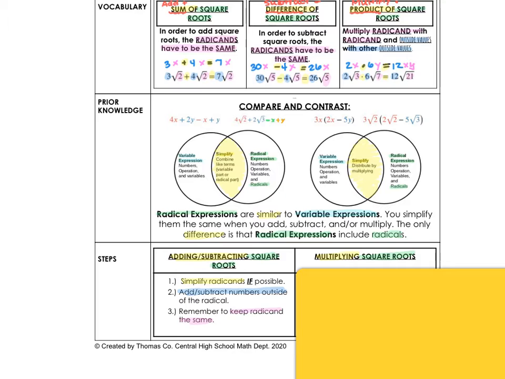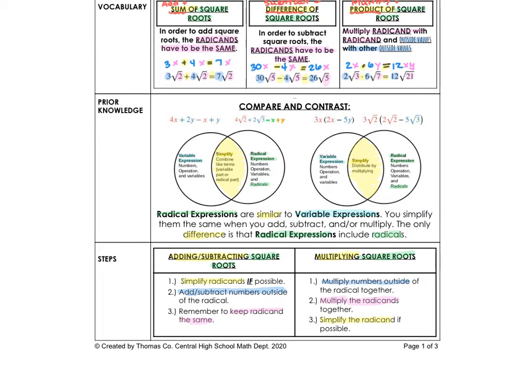The second step is that you're able to add or subtract numbers on the outside of the radical to combine them together. The final step to remember is to make sure that you're keeping your radicand the same. So when you add or subtract, the radicand does not change. It stays the same.